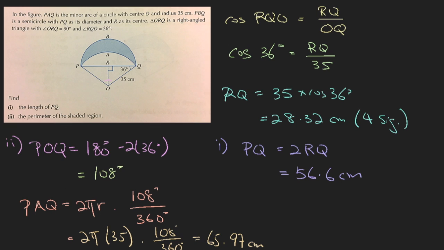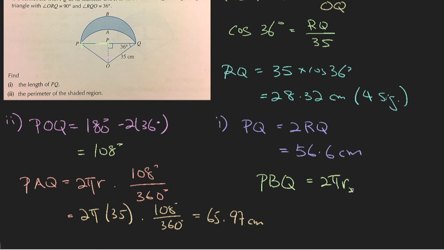Now let's move on to find the larger arc. PBQ is simply 2 pi r2. Here, this one, this is r2, because this is the radius of this circle, which is different from the radius of PAQ.